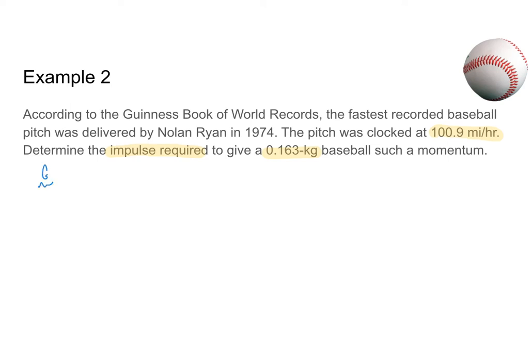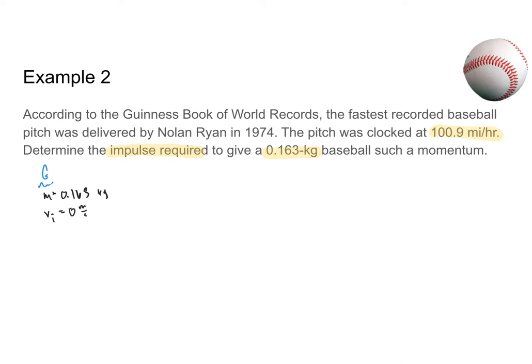The mass of my baseball is going to stay the same. We're not going to add any new atoms to our baseball. And so its mass is going to stay at 0.163 kilograms. I know that the initial velocity of my baseball must be 0, right?